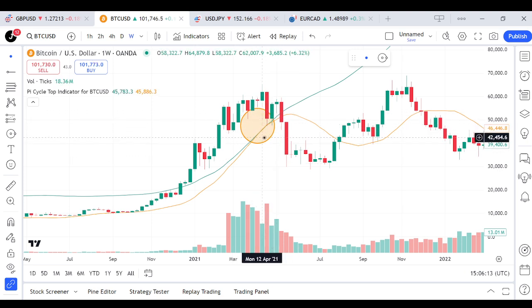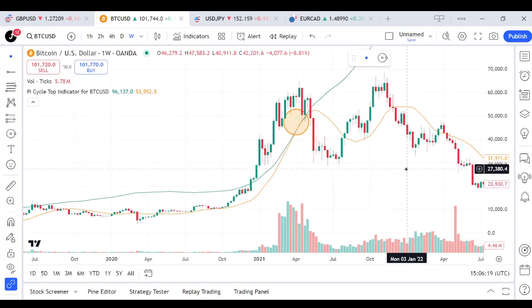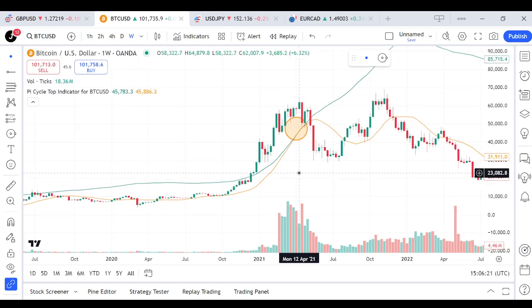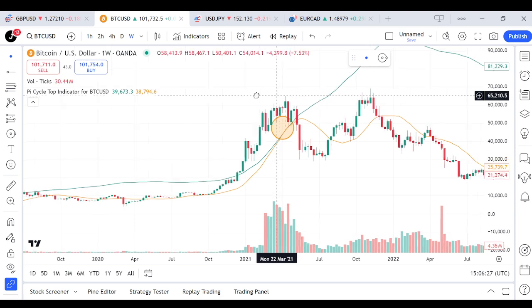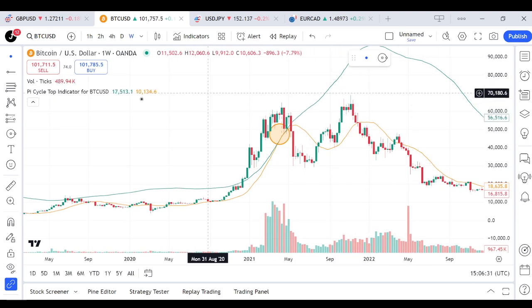This was in April 2021, where we had the first top, and the Pi cycle top gave us this indication of a potential reversal. It indicated that this was a top in Bitcoin's price.